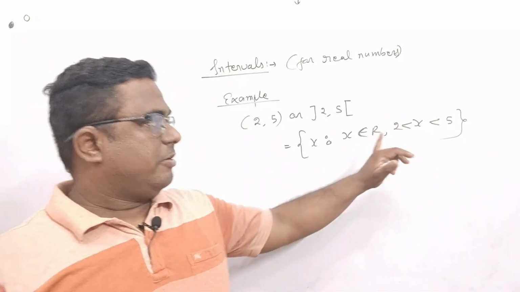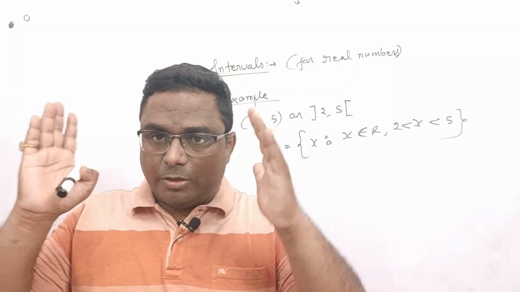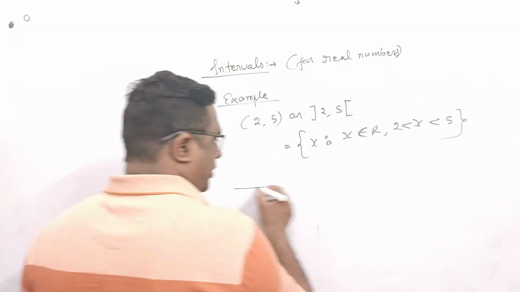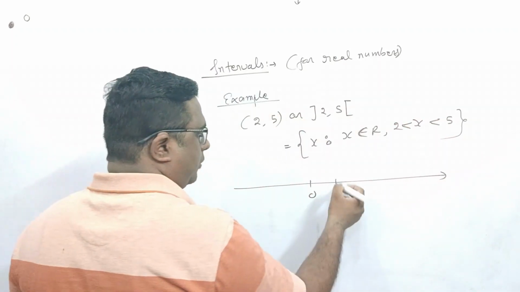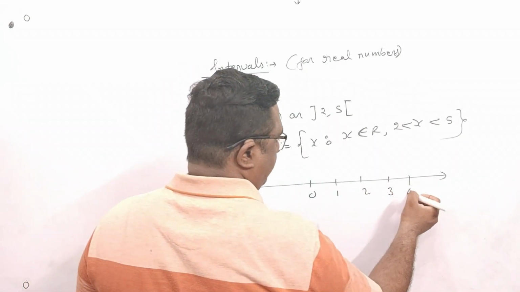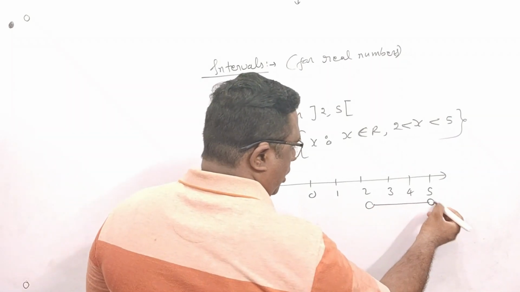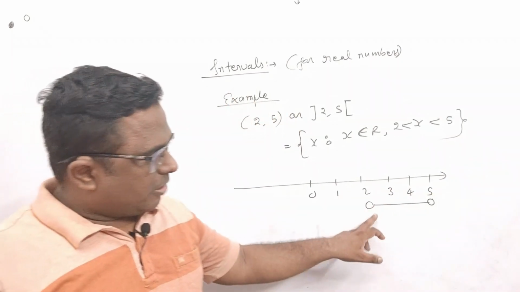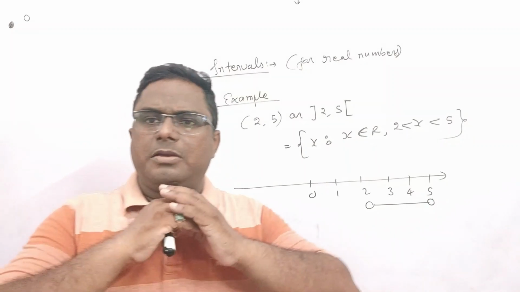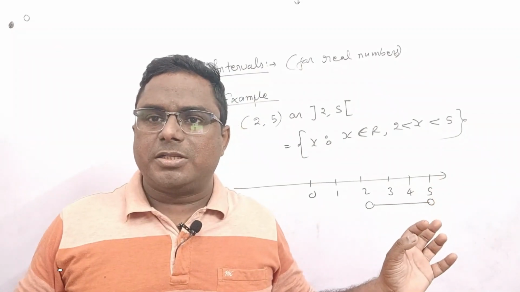Why? Because between 2 and 5, suppose I show you the real number line, 0 is here, 1 is here, 2 is here, 3 is here, 4 is here, 5 is here. Then my question is that between 2 and 5, how many real numbers are present? Between 2 and 5, there are infinite number of real numbers.